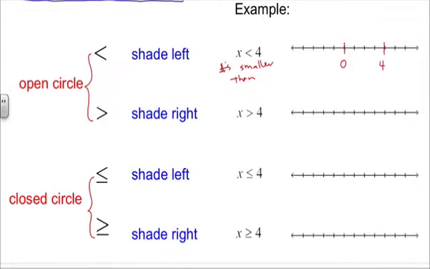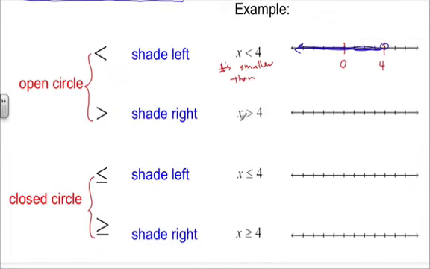So it's nice to identify where 0 is, and then whatever the number is for the starting point. We start at 4, and then we shade all of the numbers to the left, because we want numbers smaller than 4. When you're doing your shading, make sure you're making it thick enough so we can actually see which direction you're going on the number line.